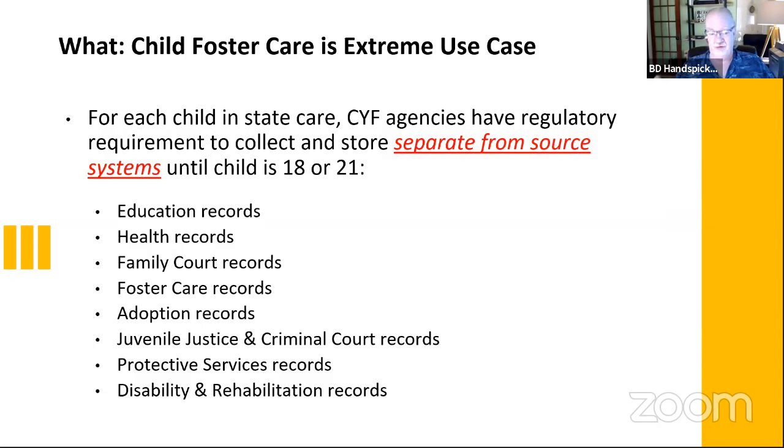These records range from healthcare and prescription records to educational transcripts, family court records, foster care, adoption, juvenile justice and court records, protective services records, disability, rehabilitation, et cetera. Next slide.